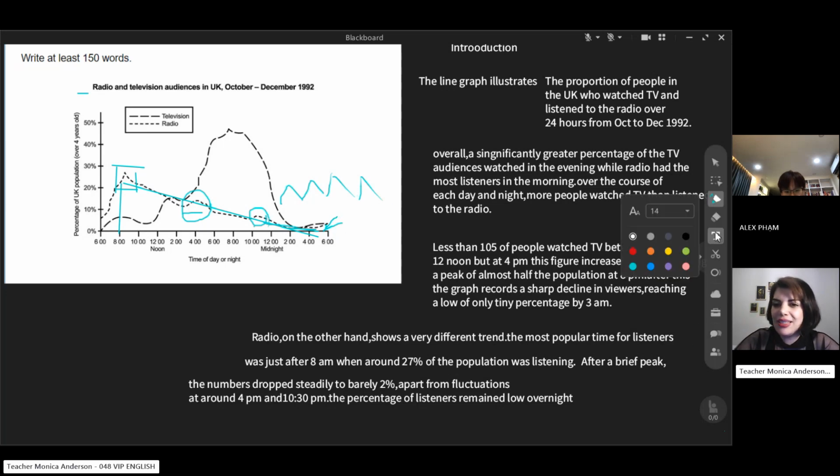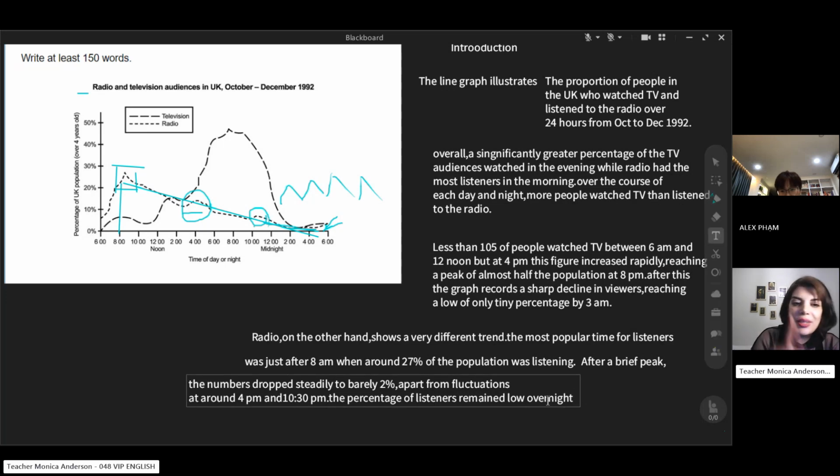So yeah, let's mention it. So it's low overnight before this. Here is the beginning. It's a rapid rise before 6 a.m.